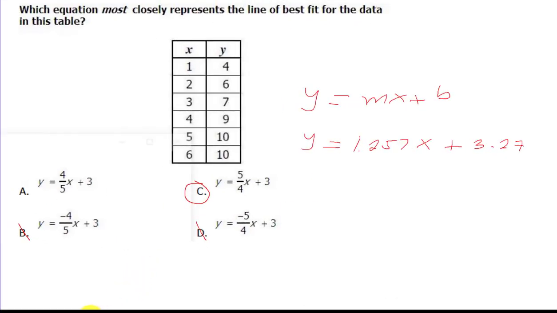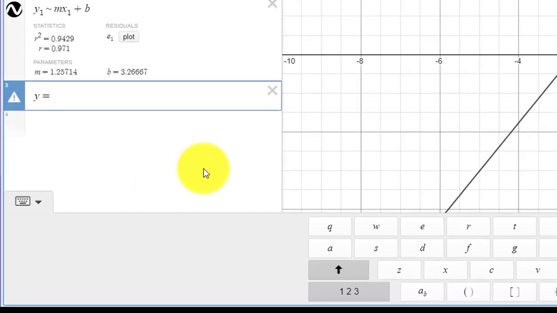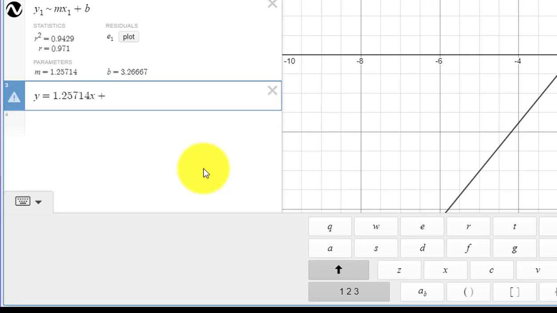Alright, what if we need to find the value of y if x equals 20? Now remember, if we are solving for y, we need to use our table. So what we need to do here is to go back to our Desmos, type in y equals 1.25714x plus b, which is 3.26667.